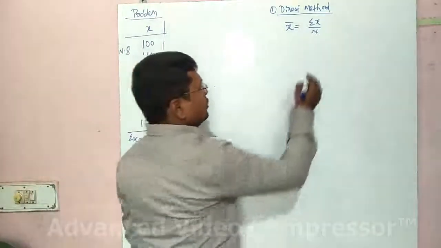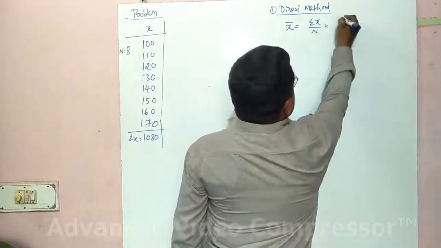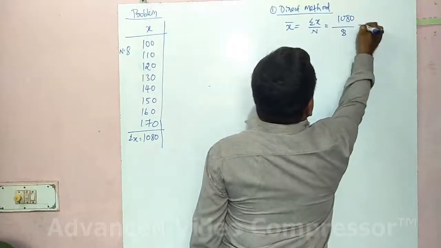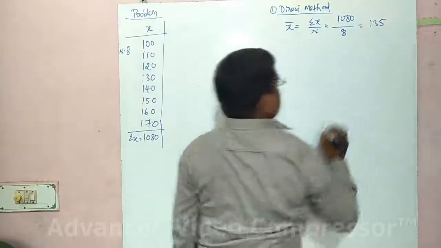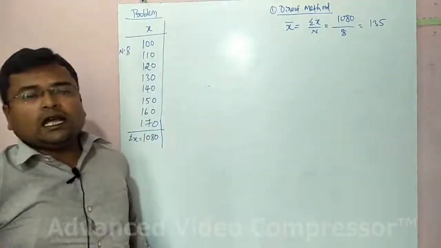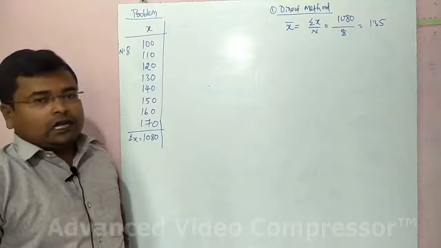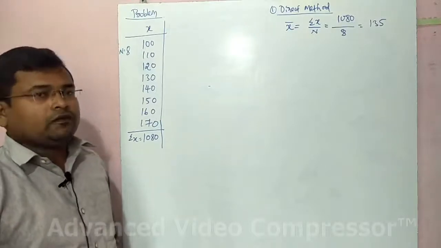Now let us apply the formula: 1080 divided by 8 comes to 135. So as per the direct method, the arithmetic mean that we have calculated is 135.